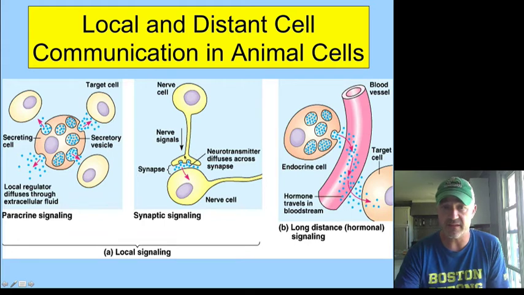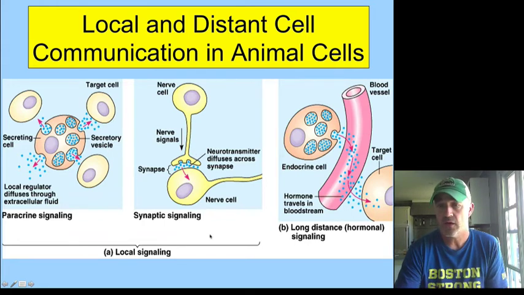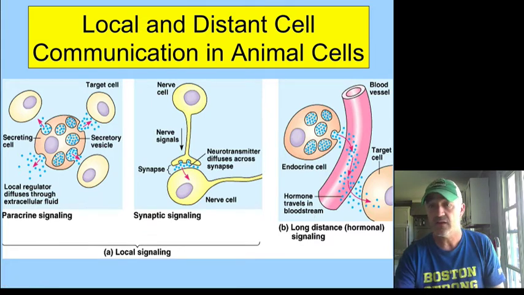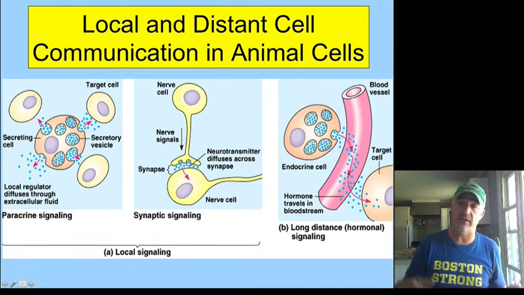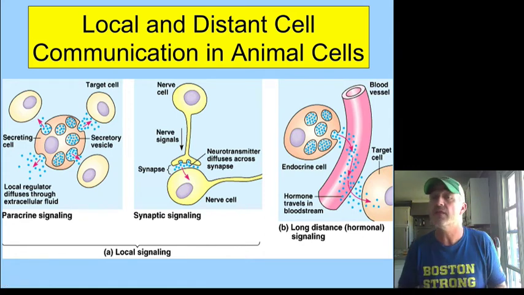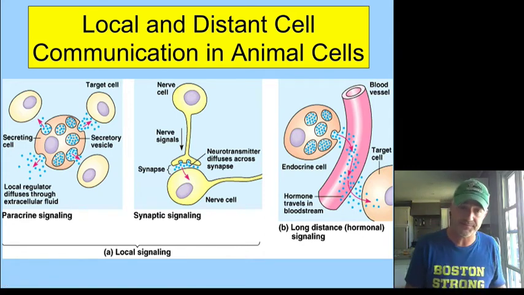So synaptic signaling, again, it's a similar idea. We're releasing a chemical, again just a short distance here, whereas with long distance signaling, or hormonal or endocrine signaling, we can have a cell that releases its particular signaling molecule into the bloodstream, which can then travel and end up binding to different target cells found in different areas of the body that have the particular receptor.